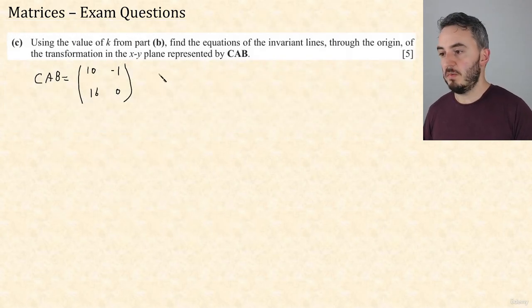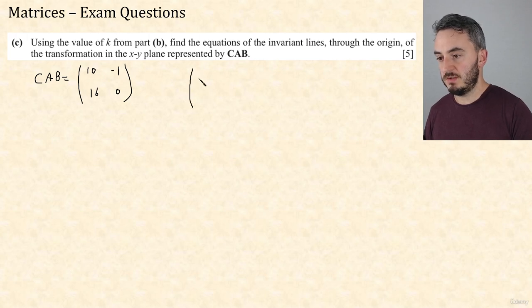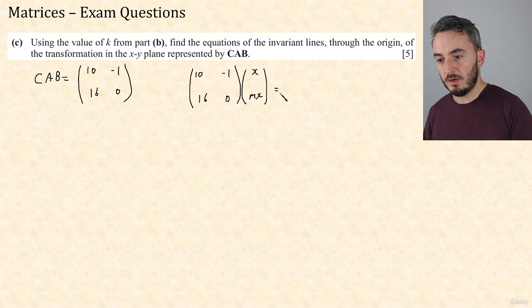Now we're finding what happens when we apply that to a generic point on the line y equals mx. So x, mx. The coordinate we get is 10x minus mx, and 16x plus 0, so just 16x here.